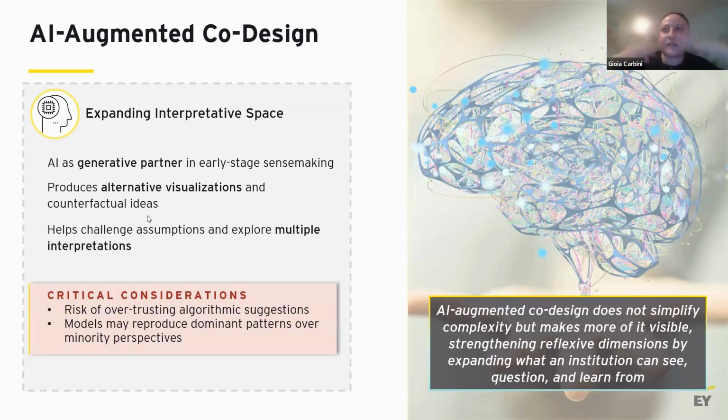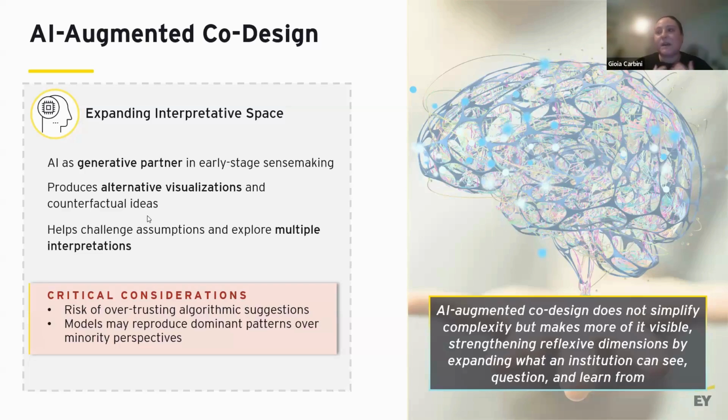We have different categories of points of attention, because we can have the risk, as I mentioned, of overtrusting what the algorithm is currently saying to us. The LLMs tend to recreate the dominant patterns, so they try to reproduce the patterns that are dominant. And so if we have a dominant opinion, they could tend to side with the dominant perspective.